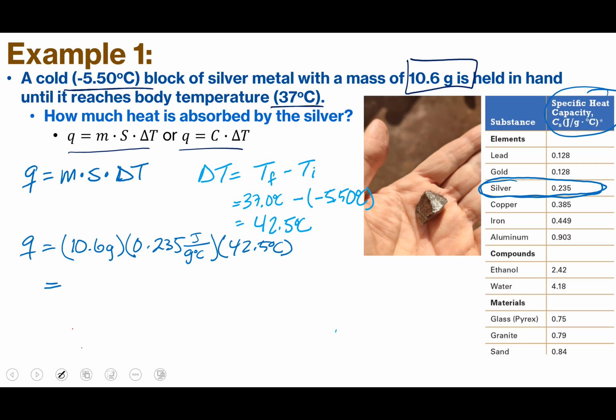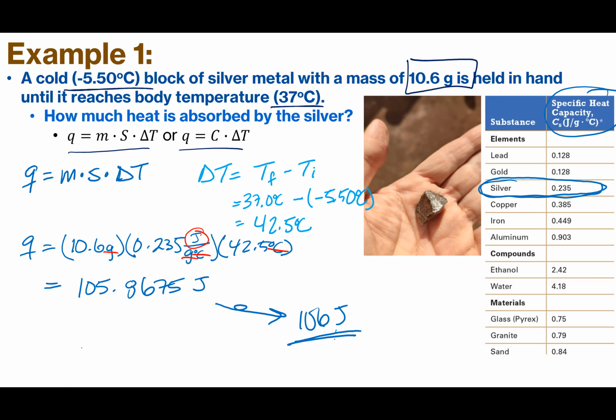Notice here our units cancel out, grams on the bottom, Celsius, Celsius. And the only thing we're left with is joules, which is nice. When we multiply those things out, we get 105.8675 joules, and we can round that to three significant figures and call it 106 joules.